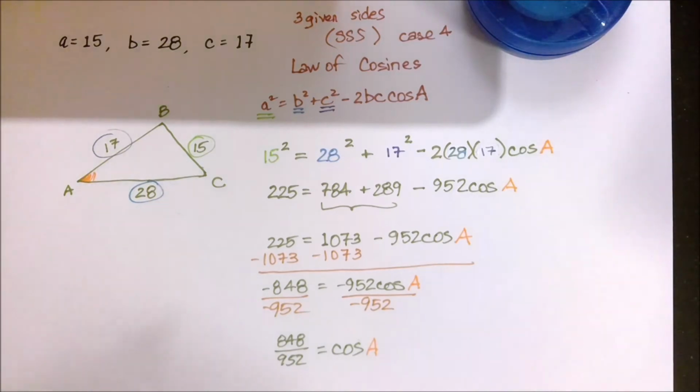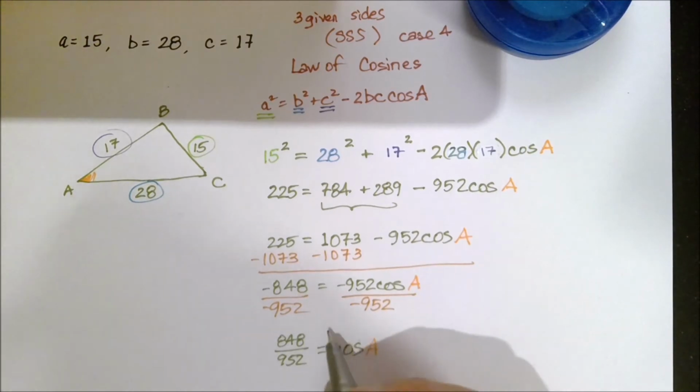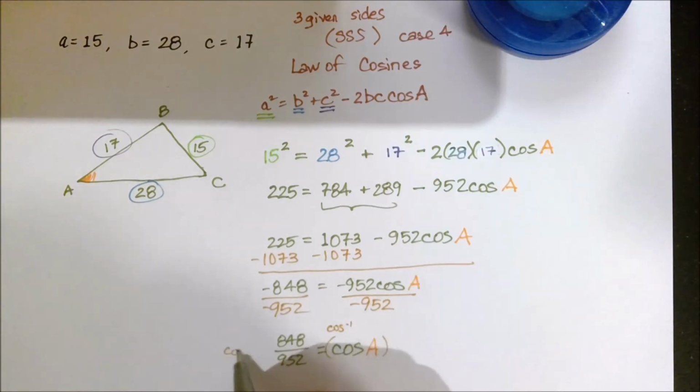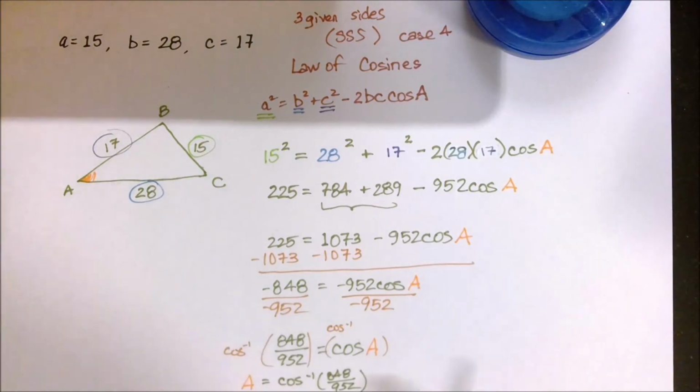I don't think that's a special angle. And what we should all recognize is that to undo a function, we take the inverse of both sides, right? So we're taking the inverse cosine of the left side. And what we end up with is that A is equal to the inverse cosine of 848 over 952.